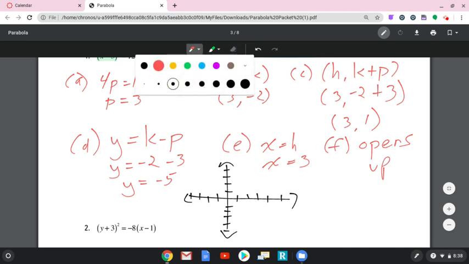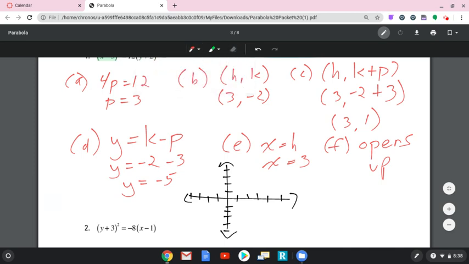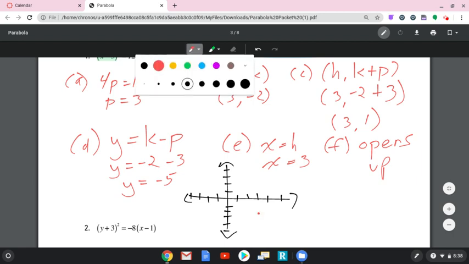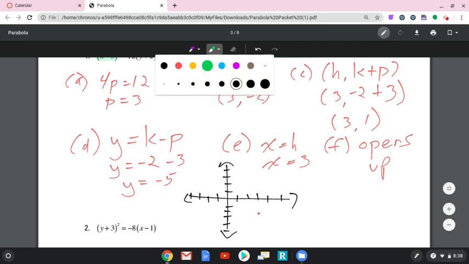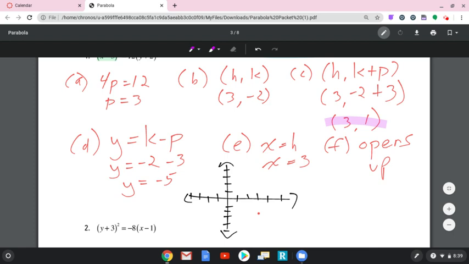Let me just see if I make it a little bigger. That's why. Hold on. All right. My focus is 3, 1. So I'm going to put that in a different color. Let's do purple for the focus. The focus is 3, 1. So I'm going to go over 3, up 1. That's the focus. Remember? So now let's look at our directrix. My directrix is going to be y equals -5.